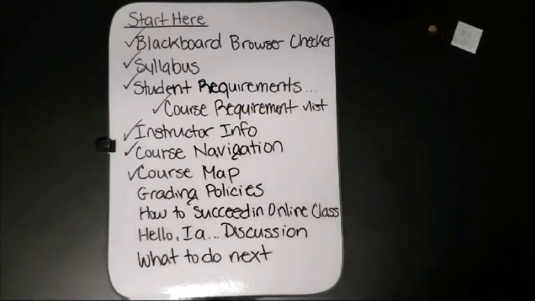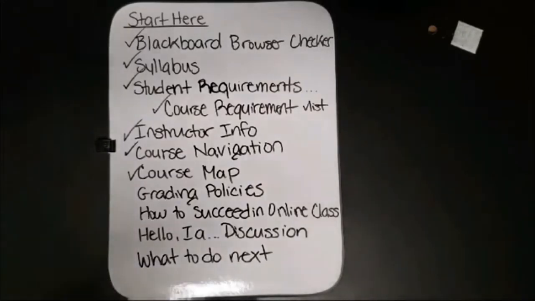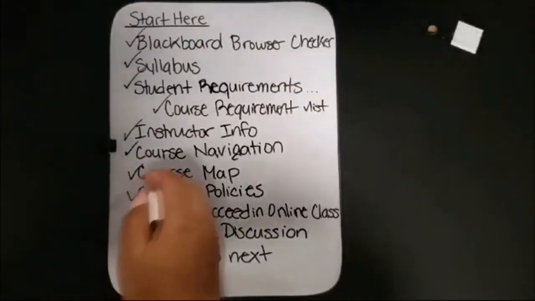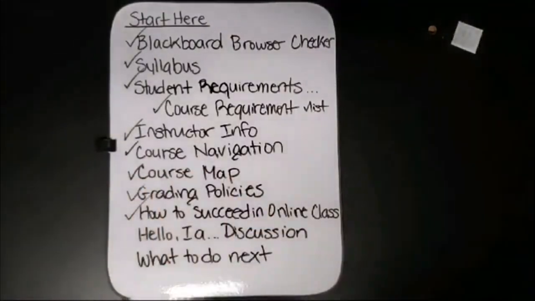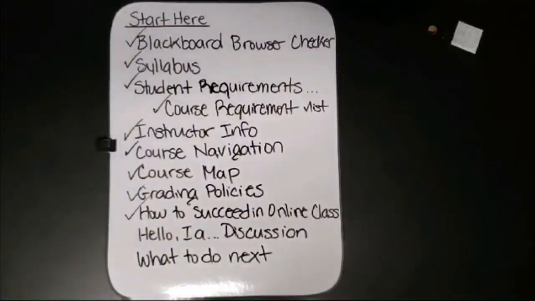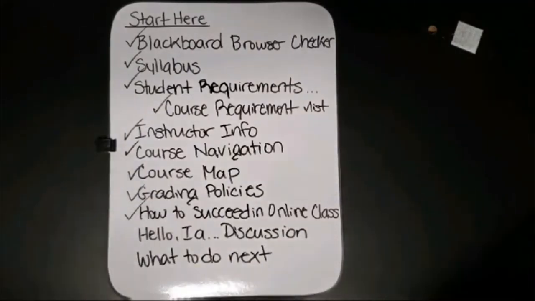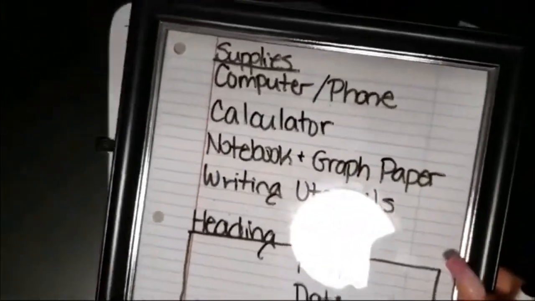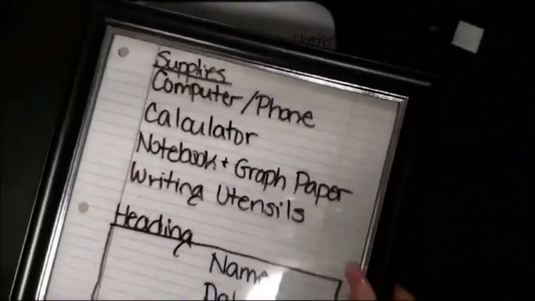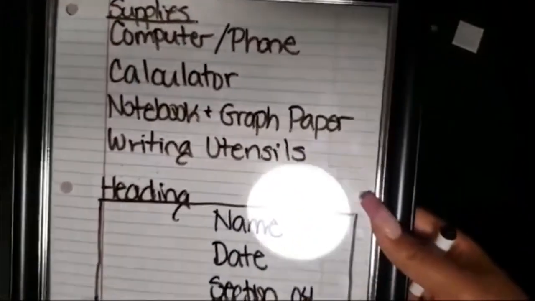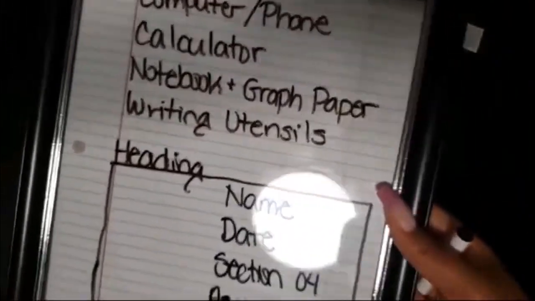After that, you have the how to succeed in an online class tab. In that tab, it's just some information, some documents, some things that you may need. In that section, I have a few supplies that you could use: a computer, a phone, a calculator, a notebook, graph paper, and writing utensils.